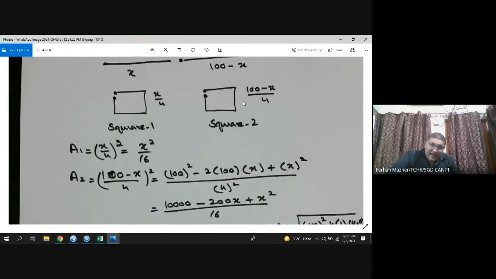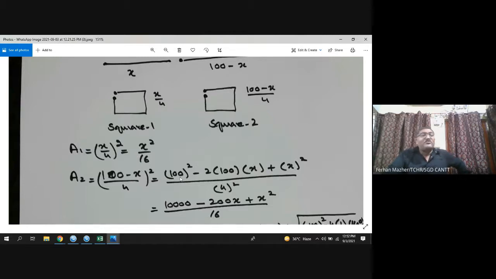The area of square number 2, its side is 100 minus x divided by 4, and area 2 will be the square of the side. So (100 minus x) whole square, I will use the algebraic identity (a minus b) whole square, that is a square minus 2ab plus b square. I will use that identity to open this whole square.